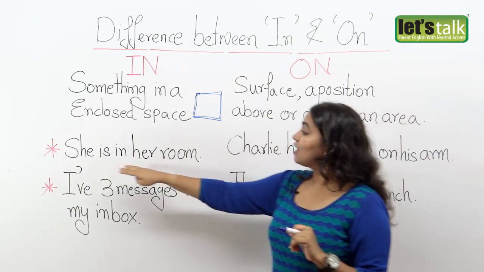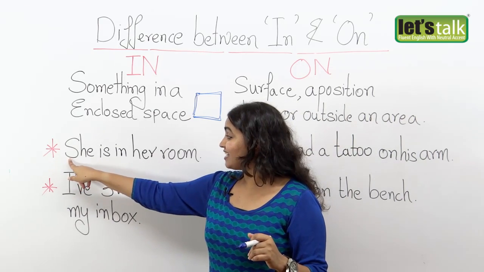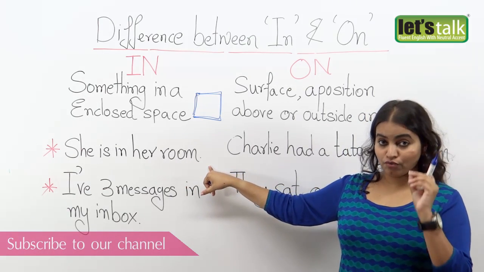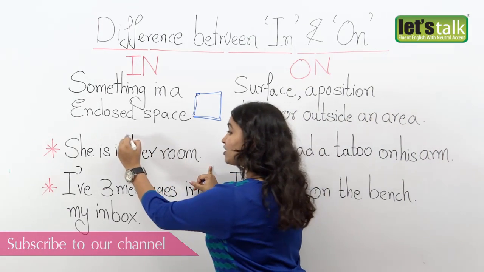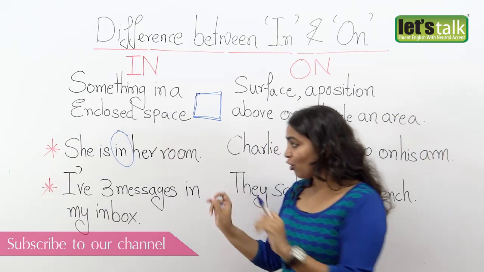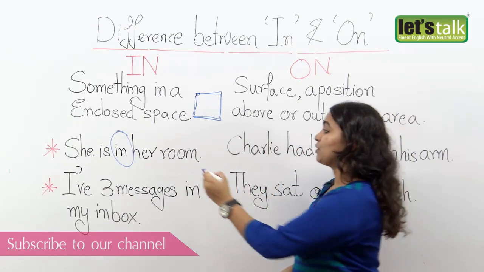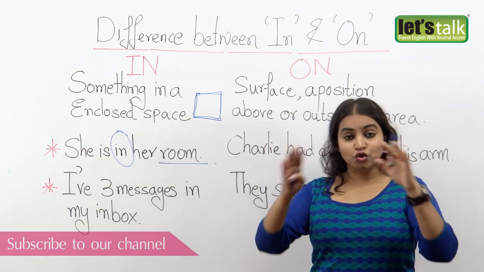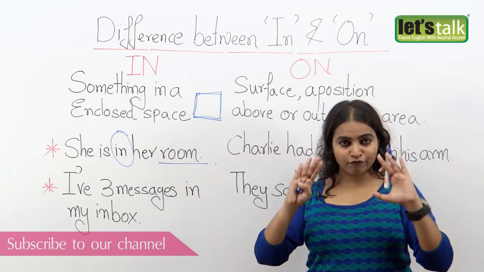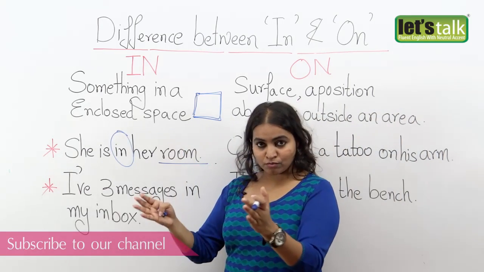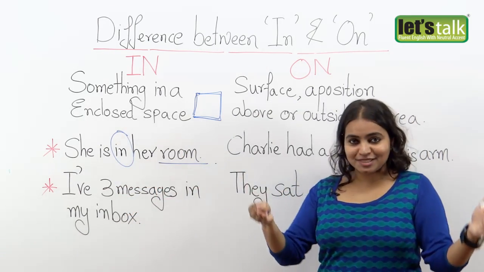Okay, so let's take an example which says, she is in her room. Now, I will always use in because I'm talking about an enclosed space. Your room is enclosed by 4 walls, and therefore you have a room which is an enclosed space.